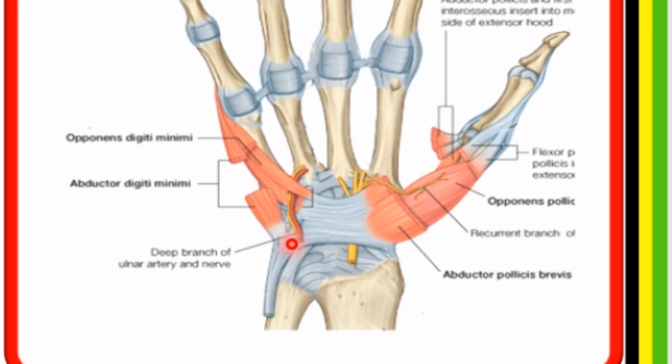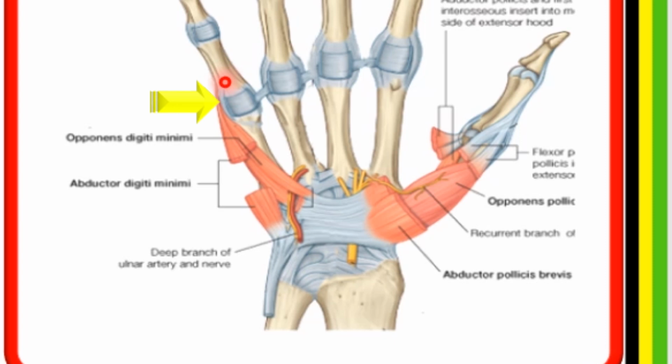For its insertion, we'll be looking at the medial side of the base of the proximal phalanx of the little finger, and by way of extension into the extensor hood, that is the extensor expansion at the dorsum of the hand. So the insertion of this abductor digiti minimi is on the proximal phalanx. This is the proximal phalanx.